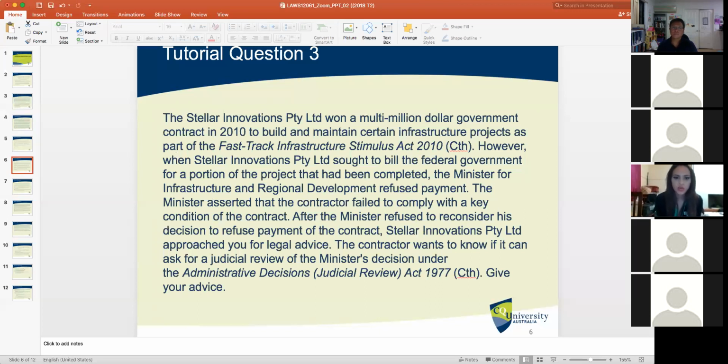The minister asserted that the contractor failed to comply with the key conditions of the contract. After the minister refused to reconsider his decision to refuse payment of the contract, Stellar Innovations approached you for legal advice. The contractor wants to know if it can ask for a judicial review of the minister's decision under the Administrative Decisions Judicial Review Act. Thank you.